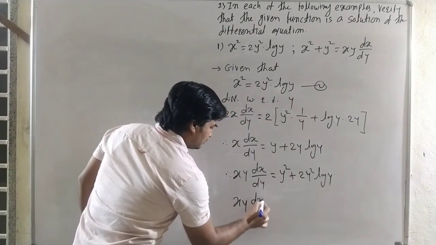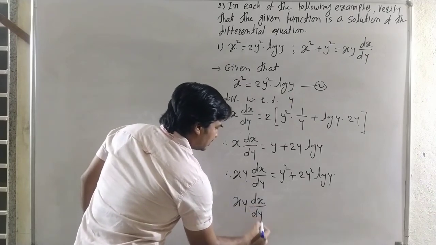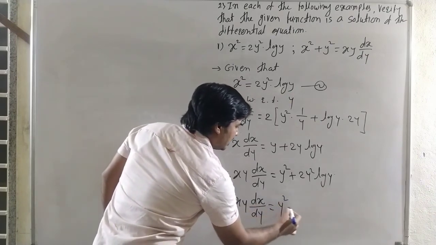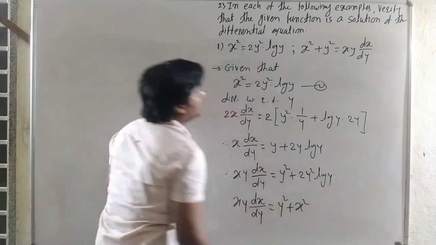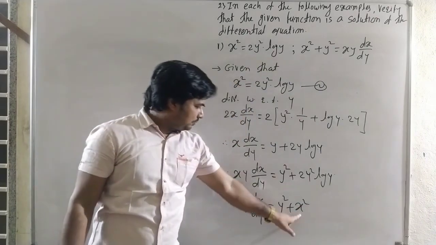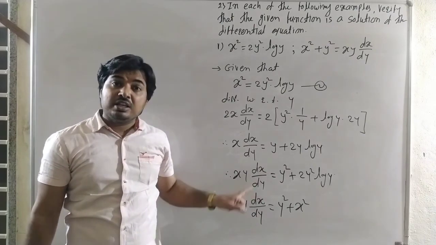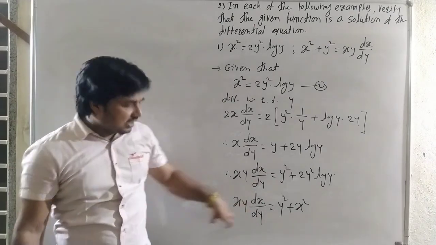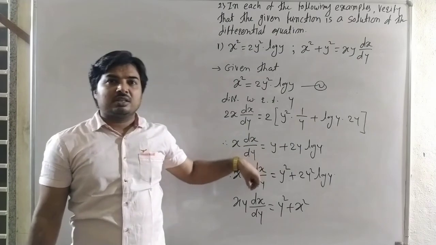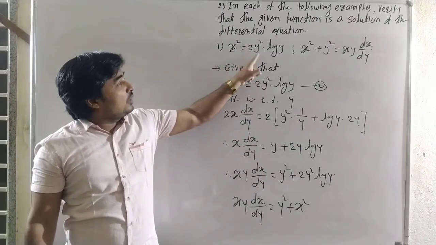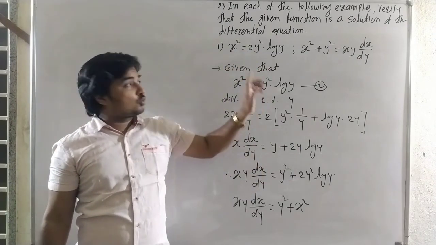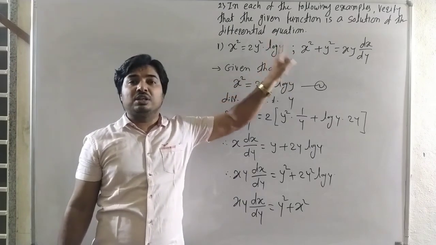xy dx by dy is equal to y square plus x square, and that means x square plus y square is equal to xy dx by dy. And here the last answer we can write: x square is equal to 2y square log y is the solution of this differential equation.